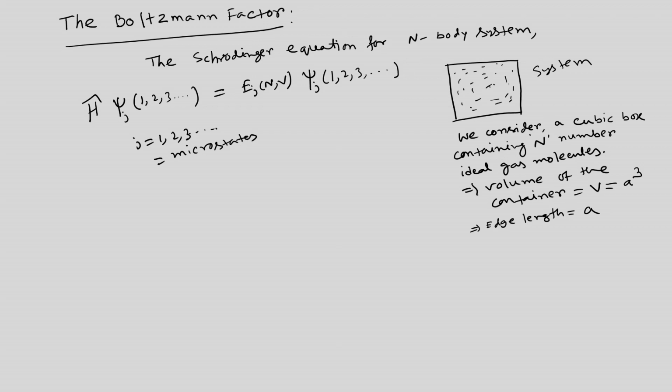Now for this special case of ideal gas, since ideal gas molecules do not interact with each other, we can write Ej as a function of n and V. We will discuss how Ej depends on n and V, number of particles and volume V.